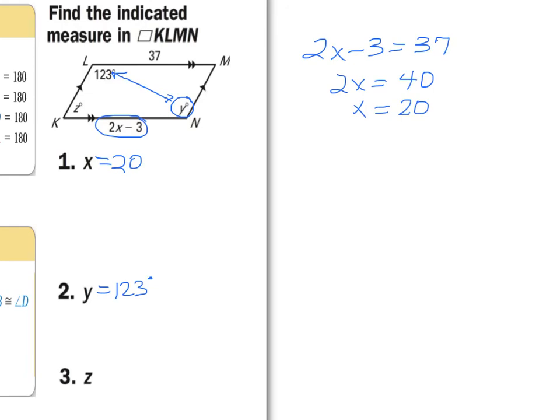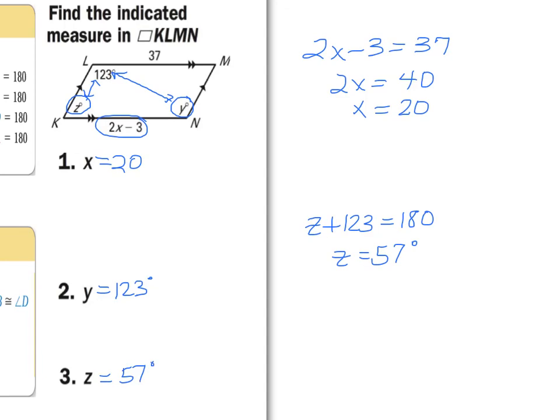And then finally, Z. Z is not opposite of 123, but it is consecutive to it. They're right next to each other. So I can say that Z plus a 123-degree angle are going to be equal to 180. Again, they're consecutive, so they add up to be 180. Solve for Z, and I get Z to be 57 degrees.